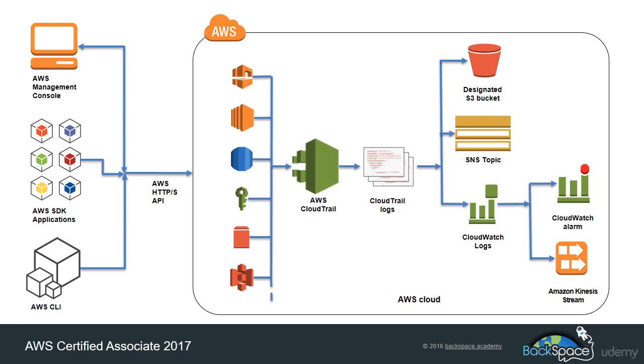Those two outputs are normally what you would use: something going to an S3 bucket, and an SNS topic that alerts you to a CloudTrail log. But you can also have CloudTrail integrated with CloudWatch and have that generating CloudWatch logs. Those logs, the same as any CloudWatch log, can be used to generate a CloudWatch alarm for a specific event.